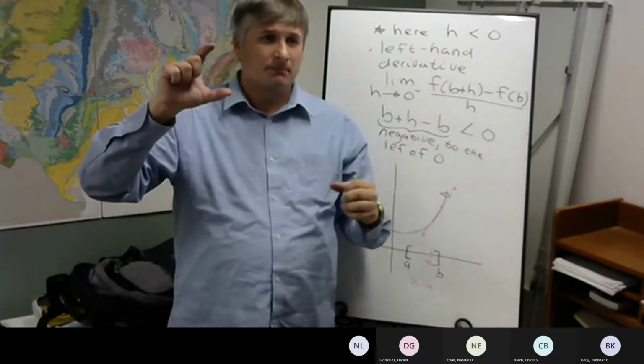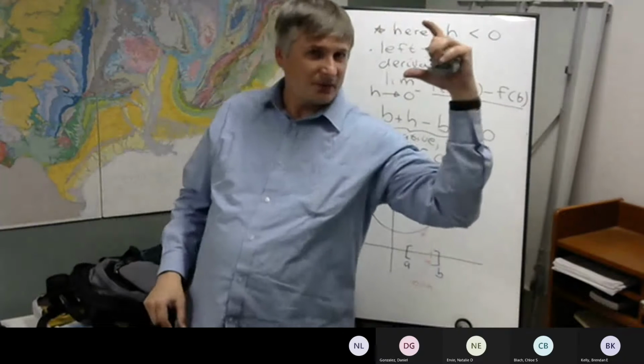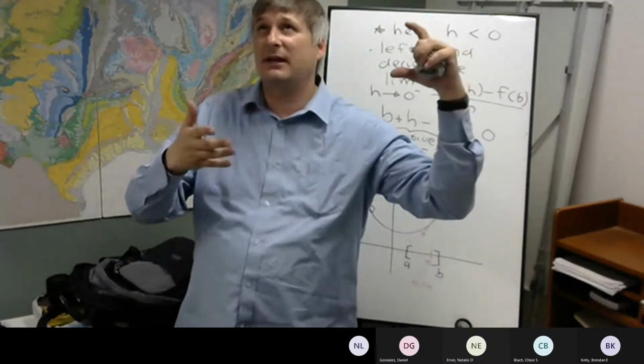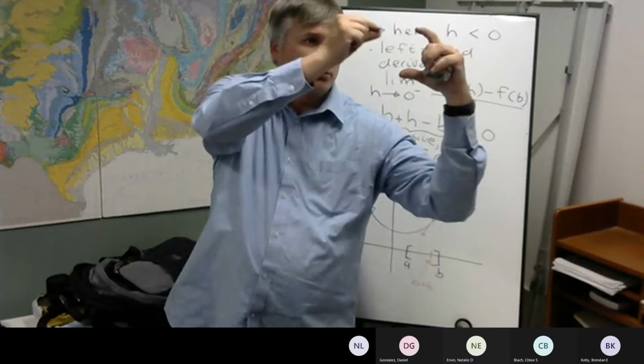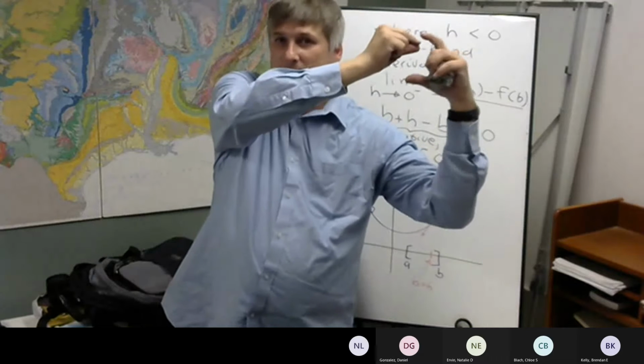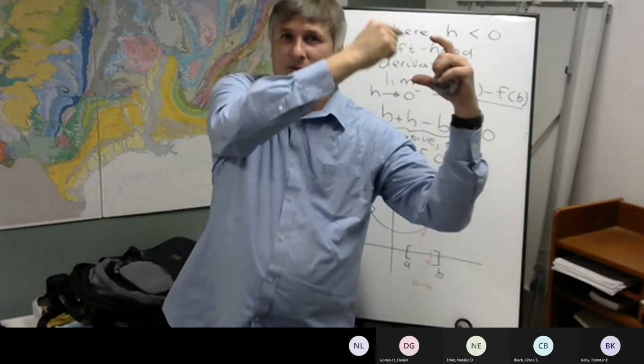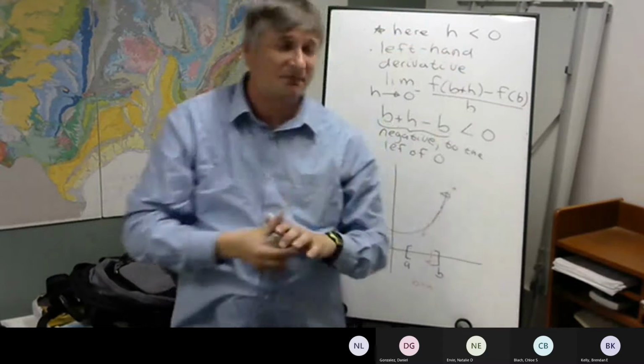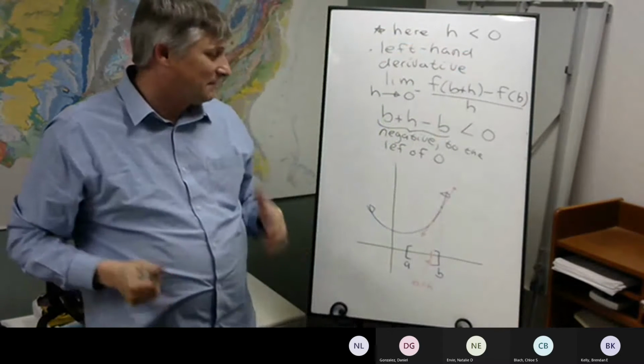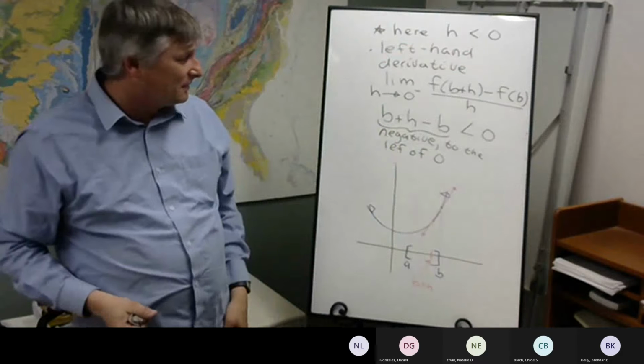And then you're going to have a left-hand derivative as you work with the point on the right, because you're going to approach, oddly enough, from the left. So that's the setup for this.